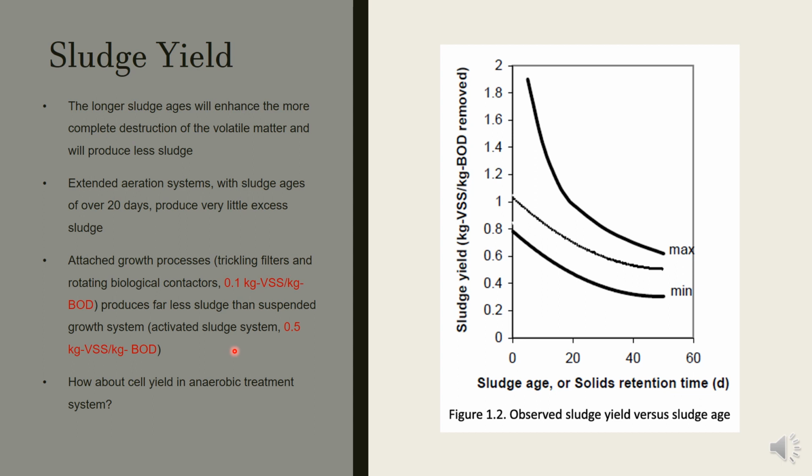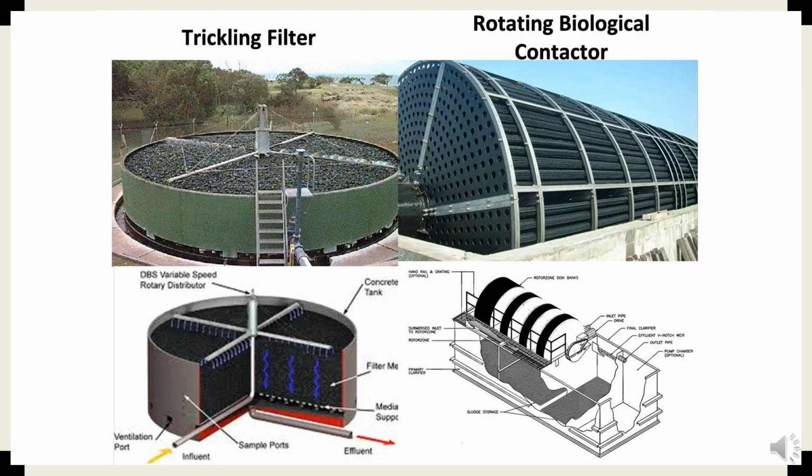This is usually an aerobic system. So how about the cell yield in anaerobic treatment systems? You can think about it in your homework, and I will give you homework about it.